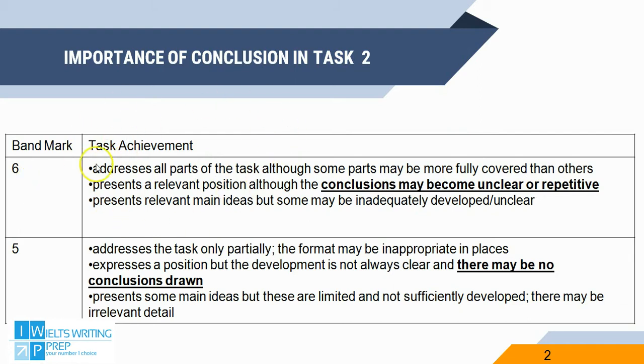In the band descriptors, for a band 5, it says there may be no conclusions drawn. And for a band 6, it says conclusions may become unclear or repetitive. So here the conclusion might be difficult to understand, or it might be repeating text from the introduction or from the body paragraphs.